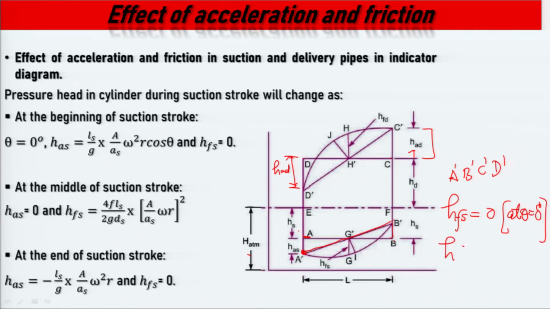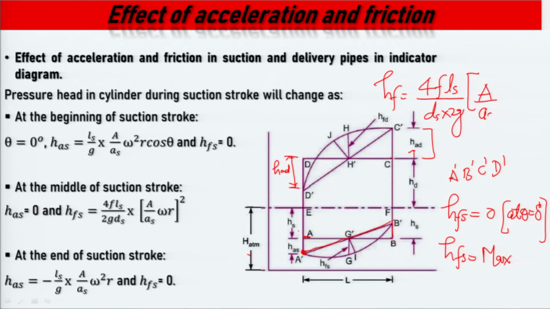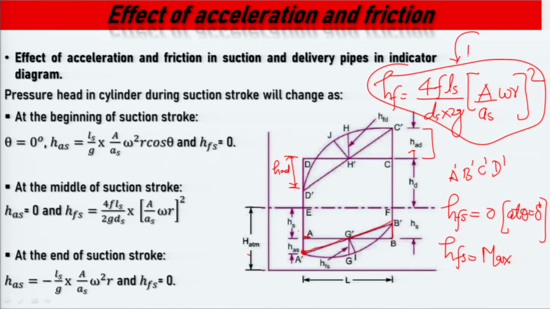Then Hf is maximum, because we already calculated Hf equals 4 f Ls over ds into 2 g, times the velocity squared, where the velocity is A upon a omega r. So what is the nature of this equation? The nature is parabolic.